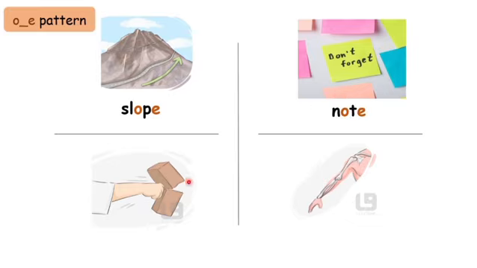Note. Then this one. Broke. Great job. Broke. The last one here. What are these? These are bones. So, bone. As you can see here, O consonant E pattern.